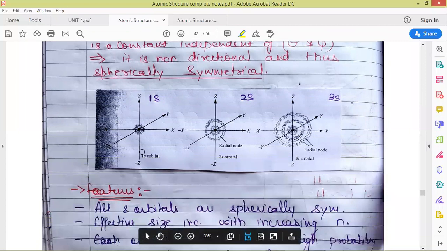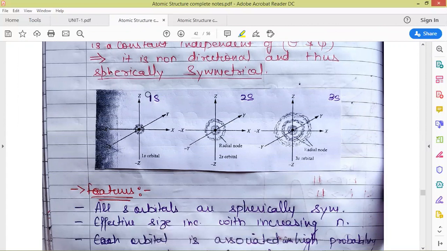Here we have taken three Cartesian axes representing three-dimensional space. The black dot in the center represents the nucleus, and for the 1s orbital there is no node, and the electron density is shown as a dotted spherical area, which does not have any sharp boundary.